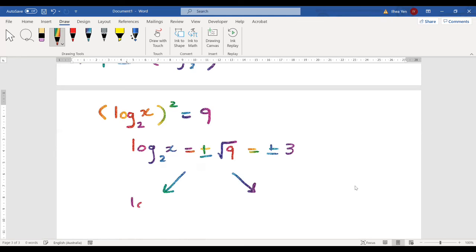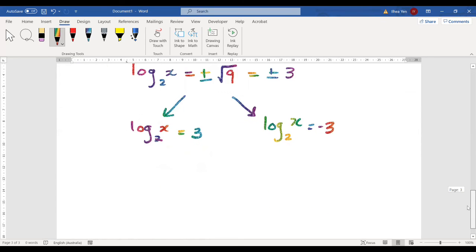One case would be log base 2 x equals positive 3, and log base 2 x equals negative 3. Okay, so we will have 2 values, just like the question asked for, find the values of x. Now, after this, you need to convert this one into index form.